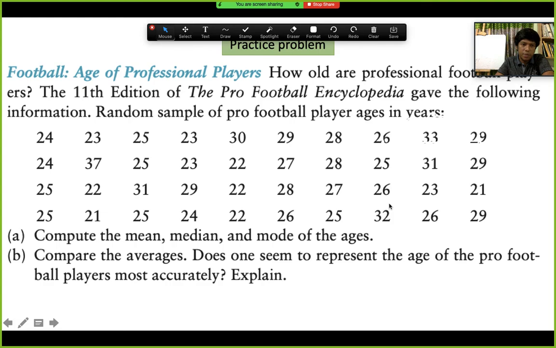And this is another example related to the age of professional football players. These are real data, and we'll try to find the mean, median, and mode, and answer another question: which one is the best estimate of the data? You can give it a try, or we can discuss it.